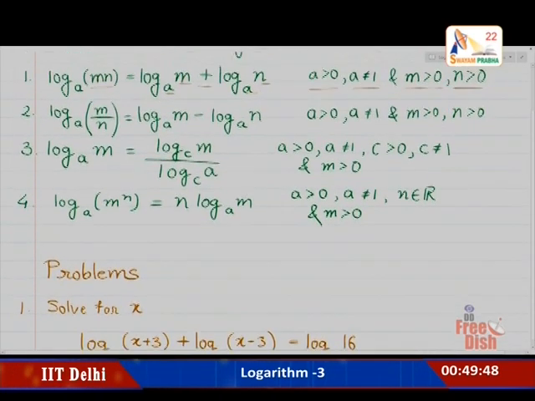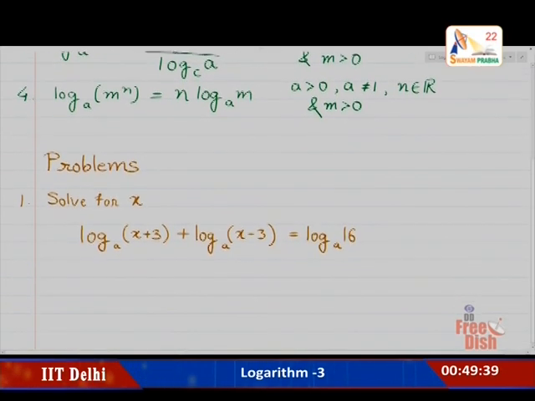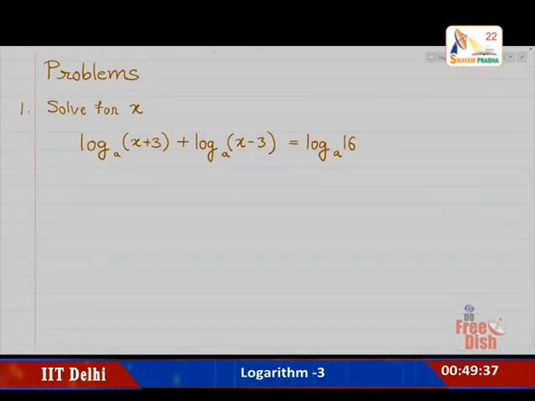Another important thing is this multiplication law is with respect to the common base a. If the bases are different in the expression, then you cannot use multiplication rule. So here the base was a, so you can use multiplication rule. As it was not mentioned, I have put this to be a, so we can use multiplication rule.